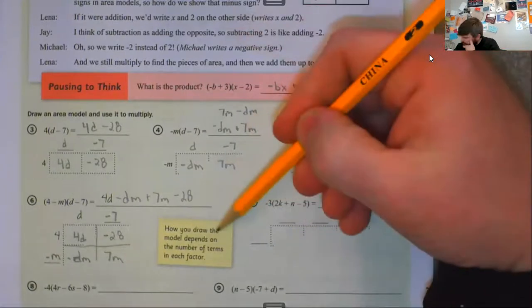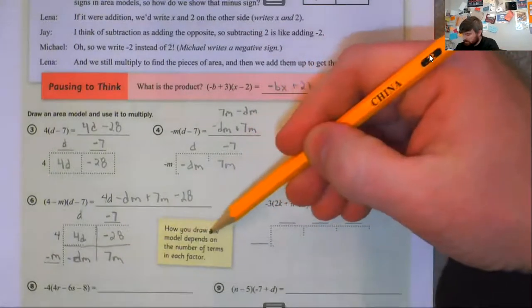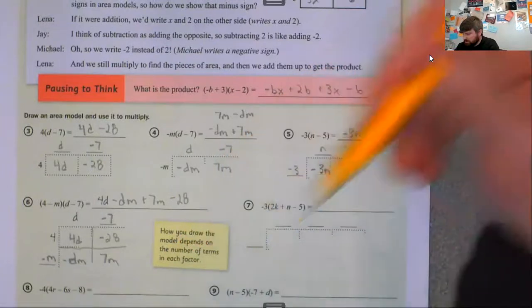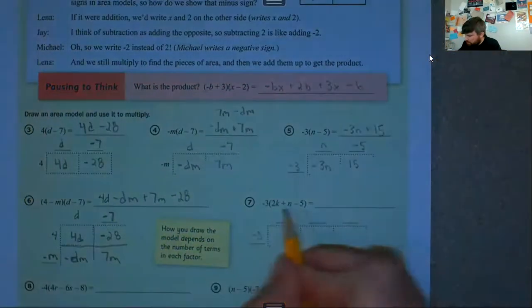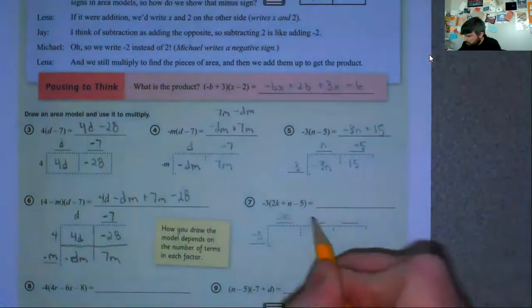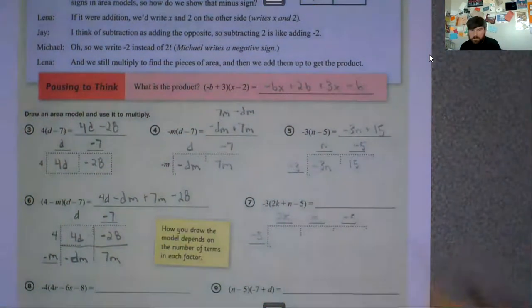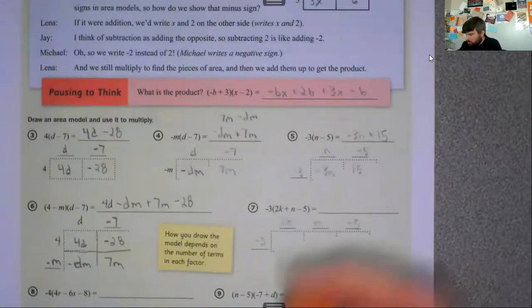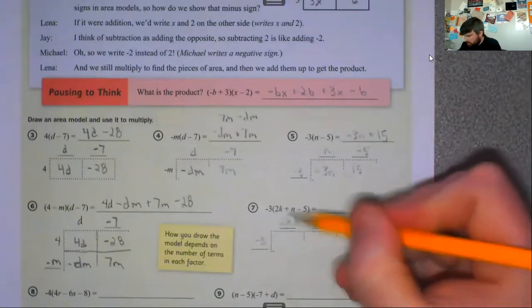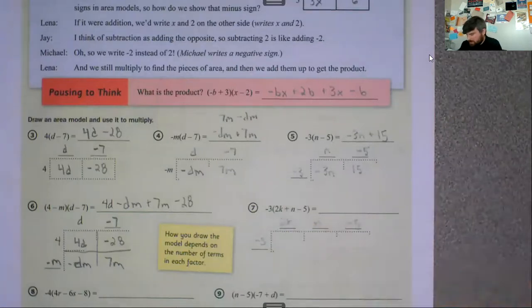How do you draw the model? How you draw the model depends on the number of terms in each factor. So here we have one term and then three terms. We got three terms there. Okay, so it'd be a 1 by 3. Or I could draw the negative 3 up here and put three terms down. It doesn't matter.